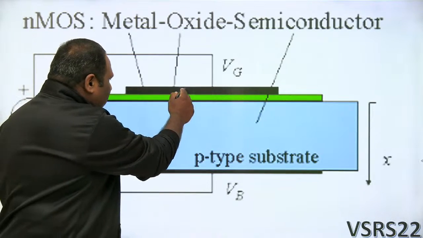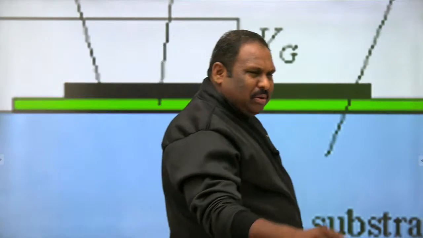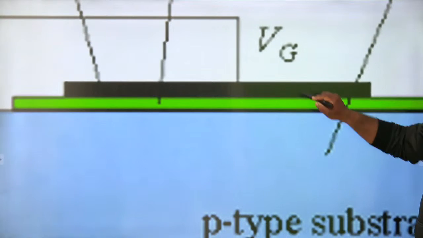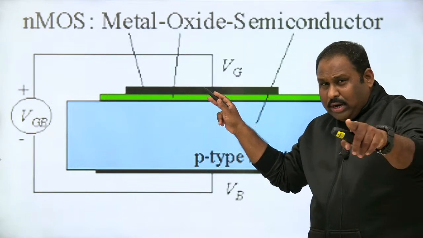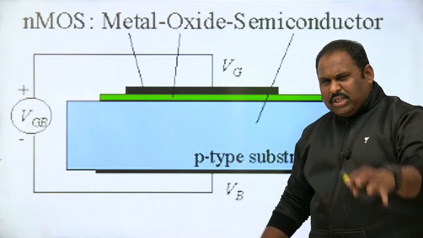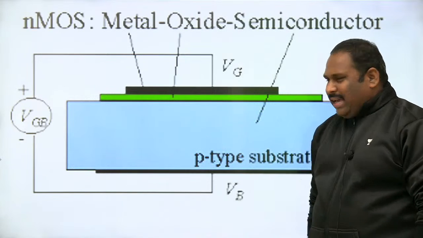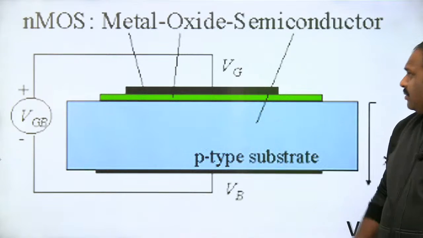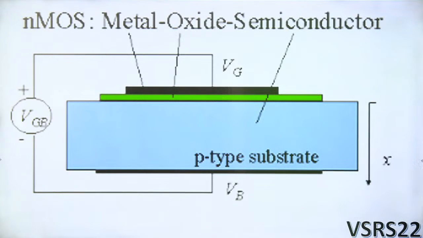This gate is most often a metal, but recent technologies make it almost polysilicon. More than metal, you find polysilicon nowadays. So polysilicon is a very good conductor, metallic, almost equal to metal conductivity. So that's what is your gate. Then oxide layer and the substrate. This is the construction. ये इसकी construction है.